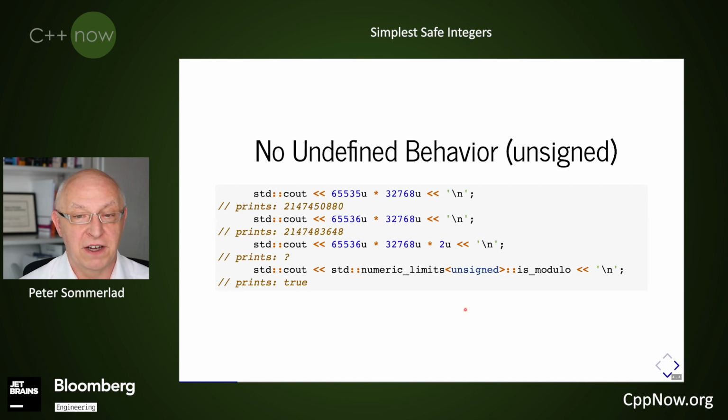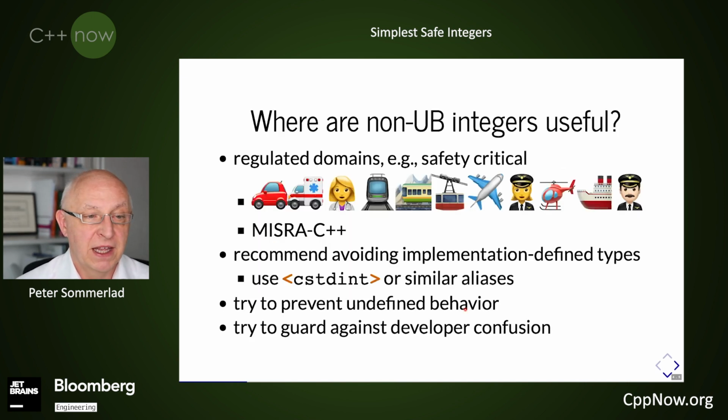So why is undefined behavior problematic? There are domains with safety critical systems, or even security critical systems, where undefined behavior really occurs, and you will get into problems of physical harm, or maybe data loss, or security incidents will happen.